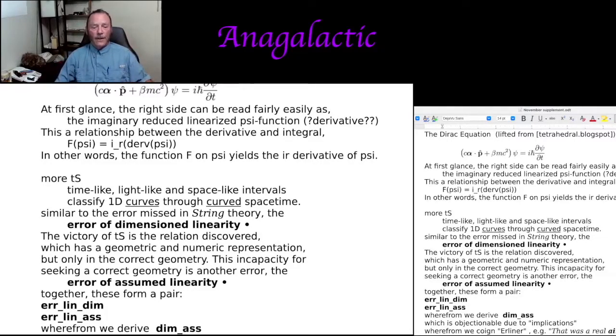Space-time, however, is a much different animal. But the error that was made in string theory, I call the error of dimensioned linearity. In other words, a line is always straight, correct? Well, what if you try to pluck it? I actually made this mistake in part of my research last spring, and it took me a while to come out of it before I realized that I was making the same mistake that the string theorists had made.